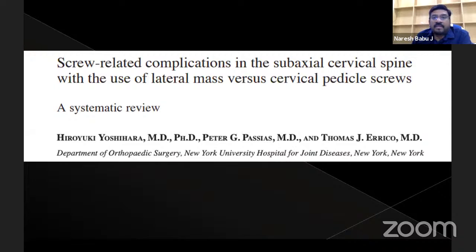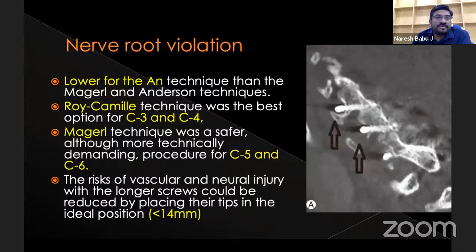The screw-related complications of subaxial cervical spine fixations. When you compare lateral mass versus pedicle screws, coming to the lateral mass screws, nerve root irritation and violation was quite less with Hodan's technique than the Magerl and Anderson's techniques. But the Roy-Camille technique was found to be the best to avoid nerve root injuries in C3 and C4, whereas the Magerl technique was quite safe to avoid nerve root injuries in C5 and C6.